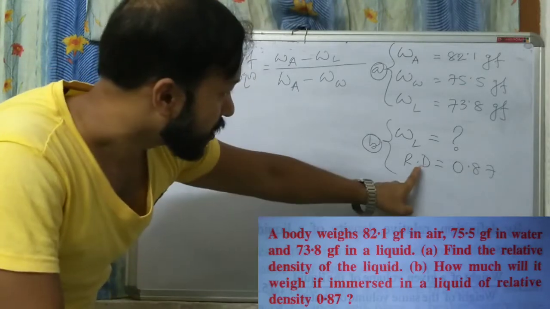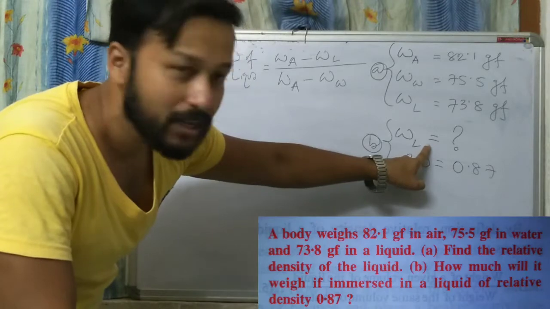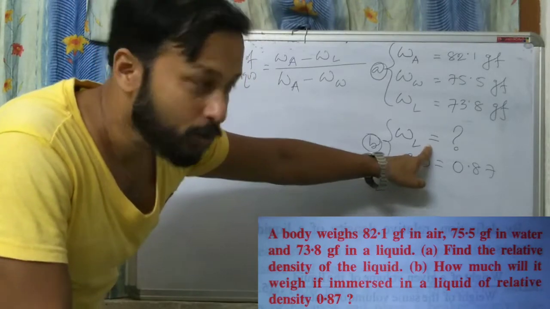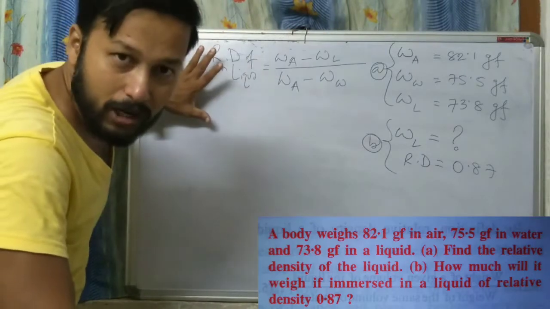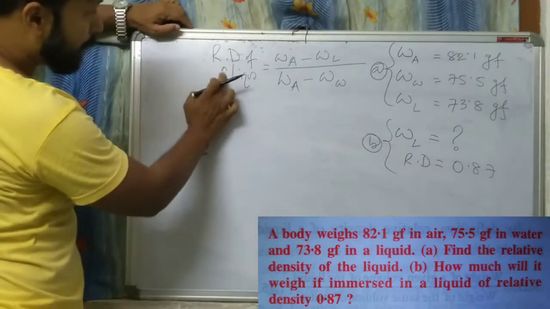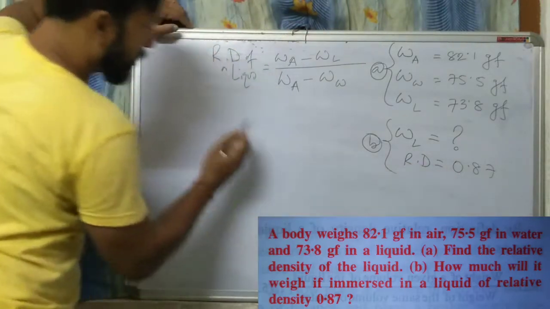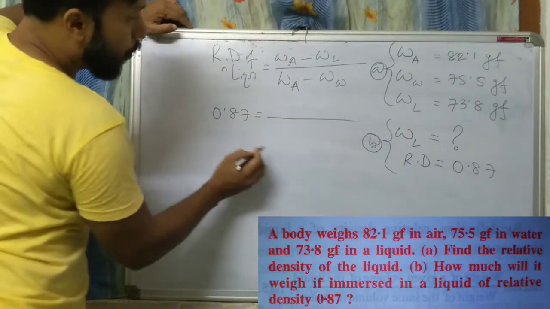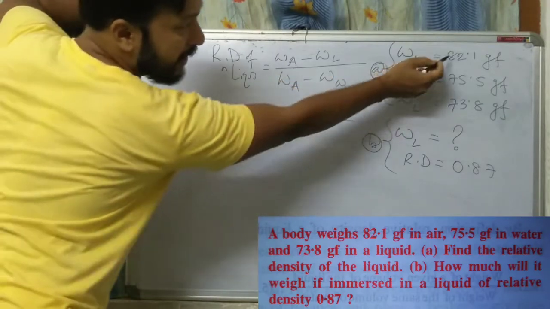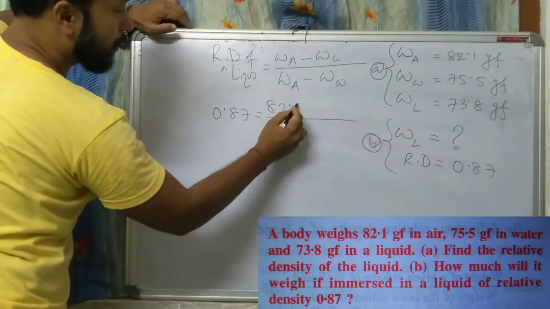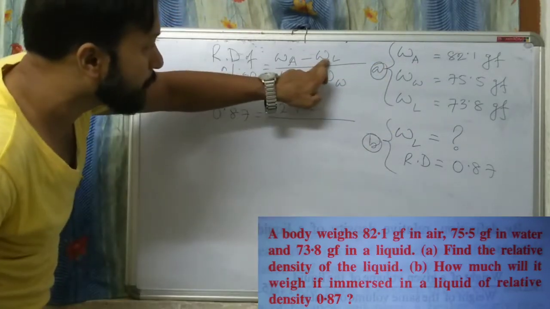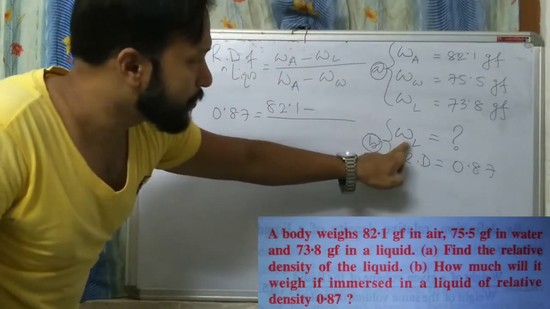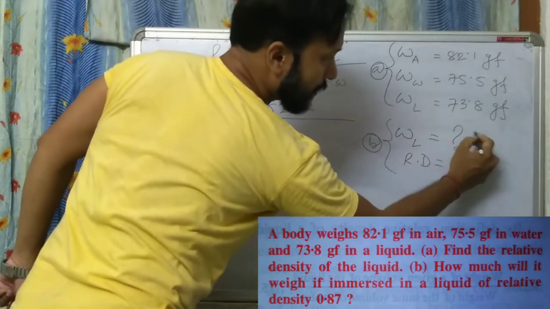We are going to use the same formula. Relative density of that liquid is 0.87, equals weight of the object in air 82.1 minus weight of the object in liquid. Say the weight of the object in liquid be x.